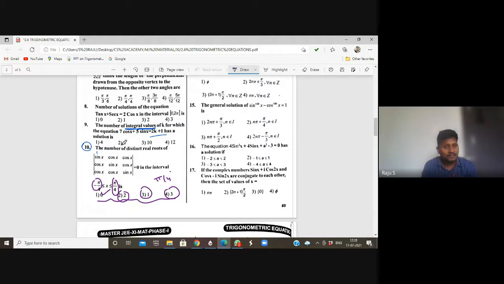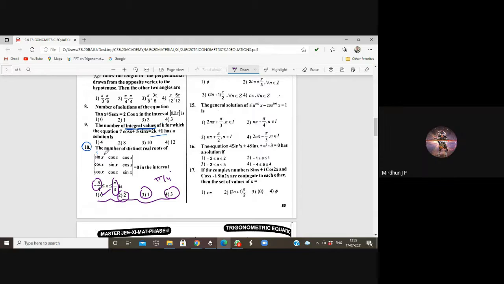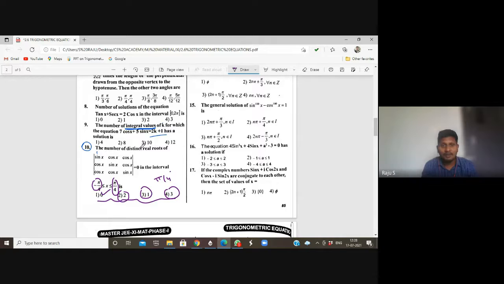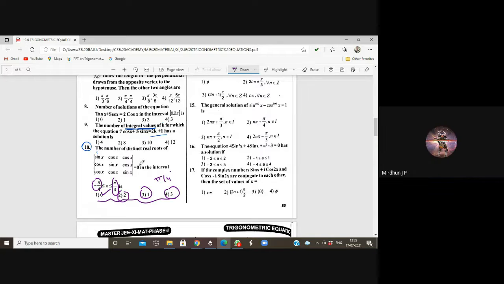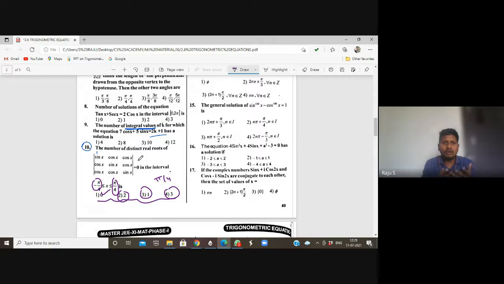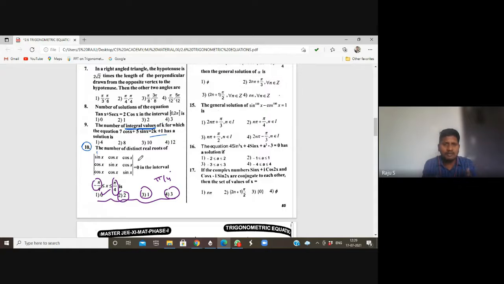Then cos 45 is the same, 1 by root 2. So everything is 1 by root 2 squared, and all the rows and all the columns have the same elements, so the determinant is 0. Only one solution. For any value other than 45, cos and sine are not the same, and also all are positive, so we don't get equal. Only one solution.